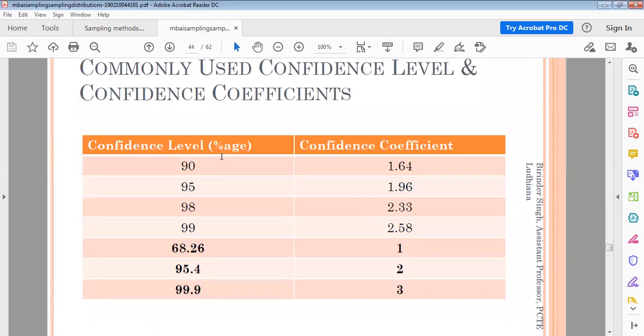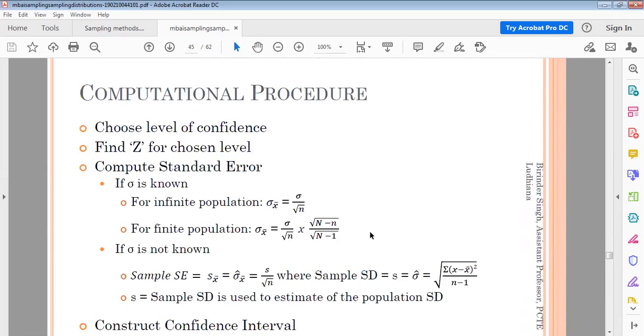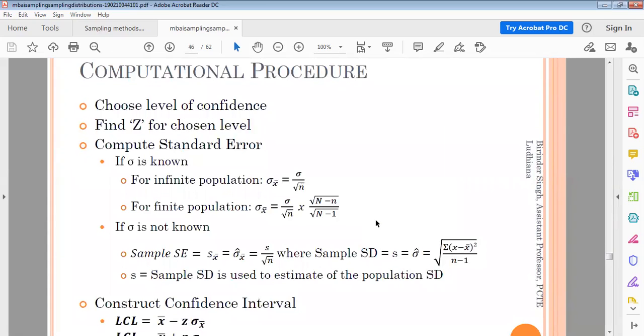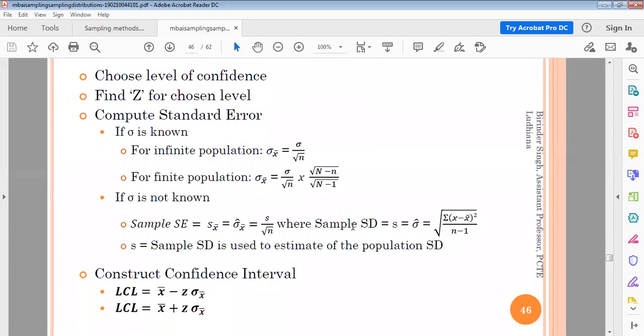So if the confidence level is 90%, the confidence coefficient will be this. This is the 10% significance, 5% significance, 2%. This is the confidence level. So how to compute, the computational procedure: for the Z transform, we can use this formula, sigma equals square root of summation of x minus x bar whole square divided by n minus 1.